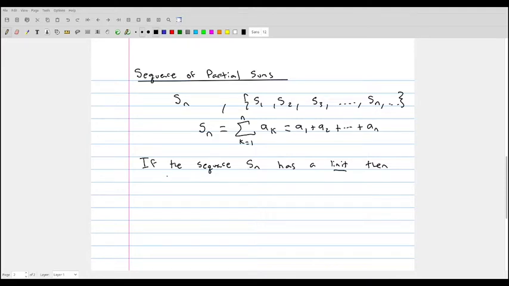If this has a limit, then the infinite series is said to converge. And the value that that limit converges to is what we call the value of the infinite series.